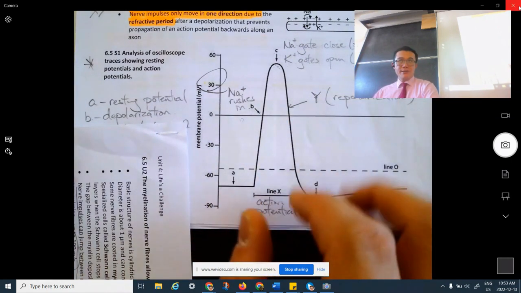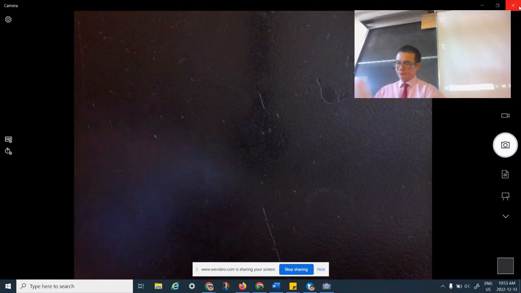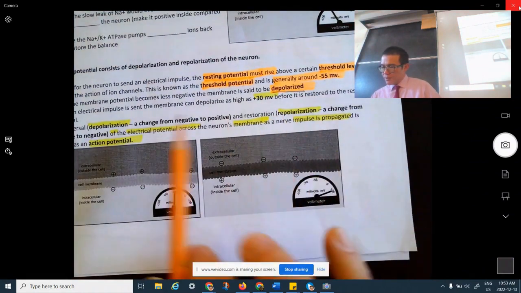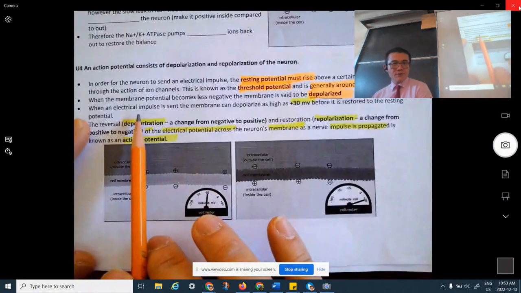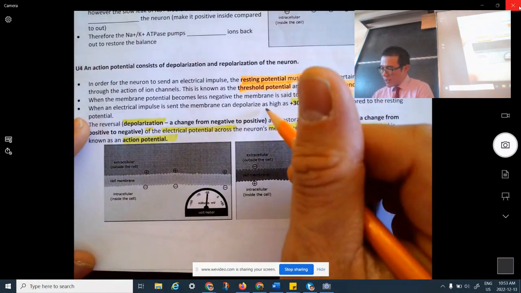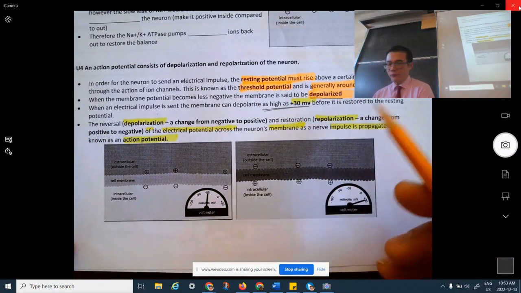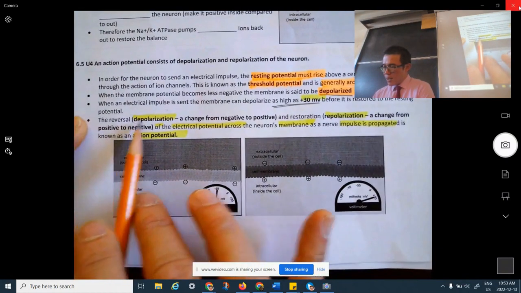I'm going to come back to this, so just wait. Now, when the electrical impulse is going through, it can go as high as plus 30 millivolts before it goes back.